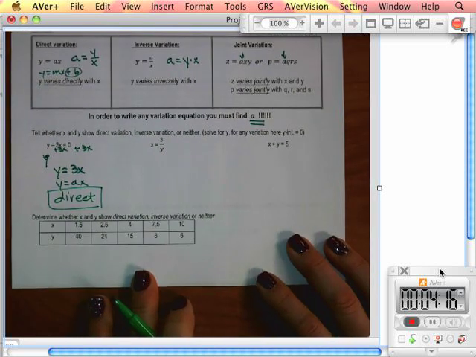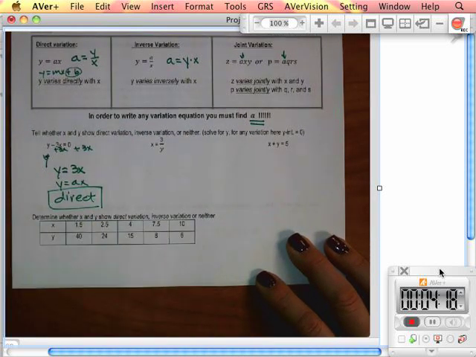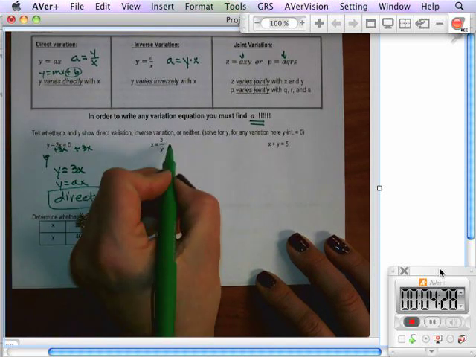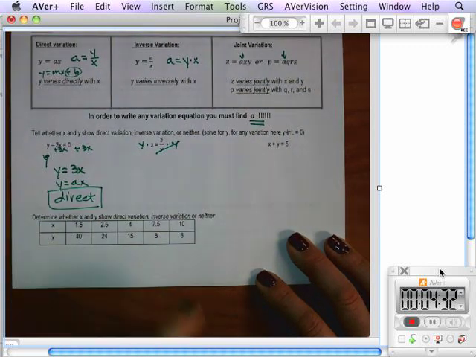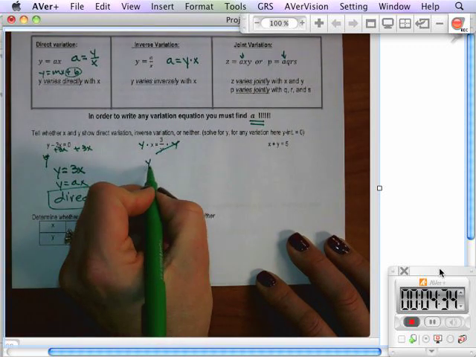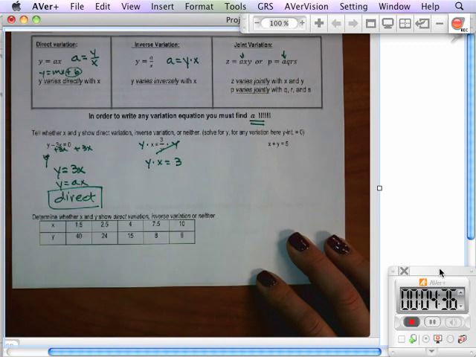Okay? All right, here, let's solve for y. What would you do to start that? Always get rid of what's in the bottom. That's my suggestion. So how would I get rid of that y in the bottom? Multiply both sides by y. And I get, oh, look at that. y times x equals 3.